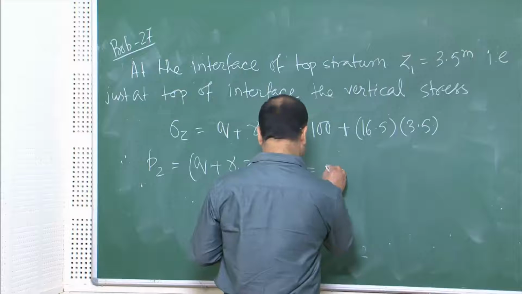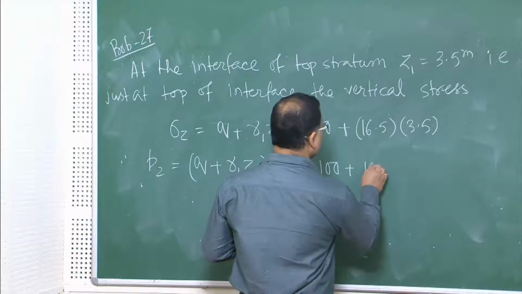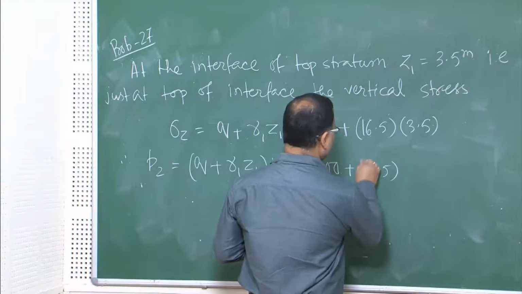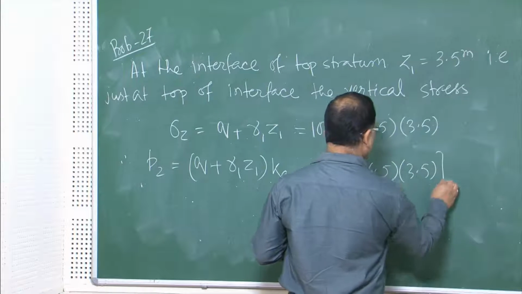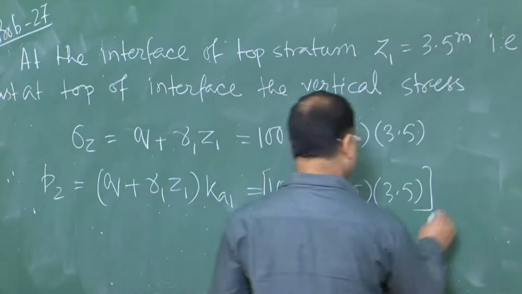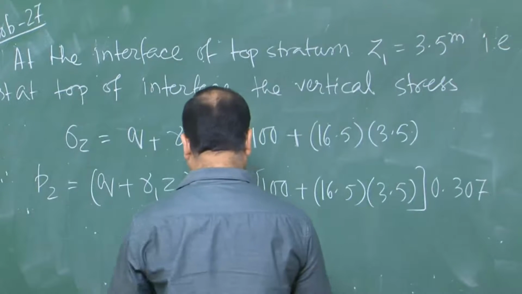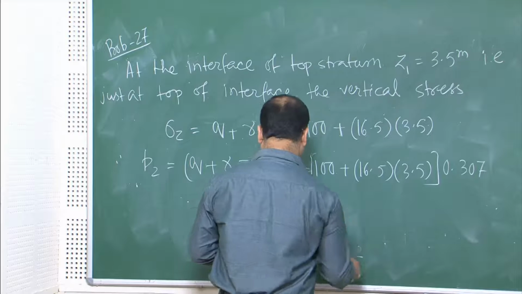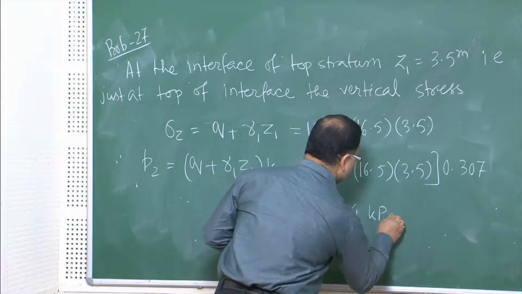So, that gives me 100 plus 16.5 multiplied by 3.5 into 0.307, that comes as 48.4 kPa.